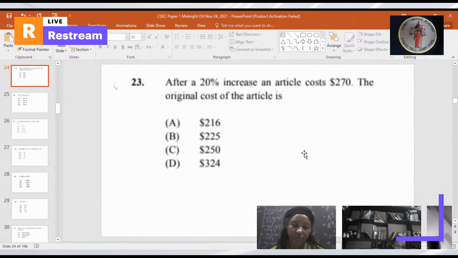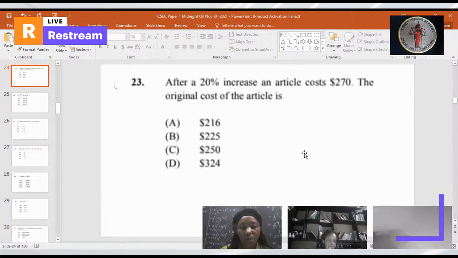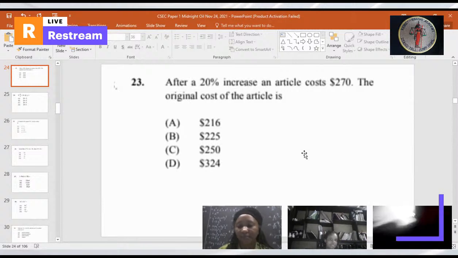I'm calculating it. Oh, I found the original. So tell me step by step. Miss, we're going back, so it would be a deduction. So what I did was I found 20% of 270 and then I subtracted it from 270.